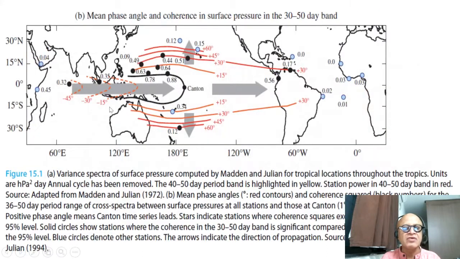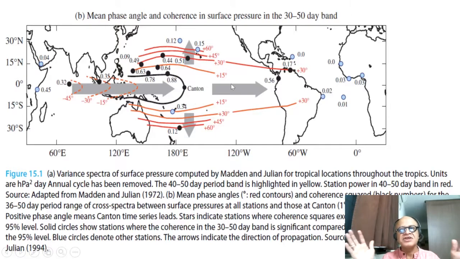This is showing now the variance spectra of surface pressure computed by Madden and Julian for tropical locations throughout the tropics, with the propagation shown in these big gray arrows with slower meridional propagations as well.